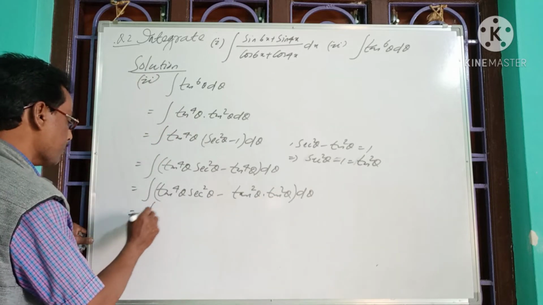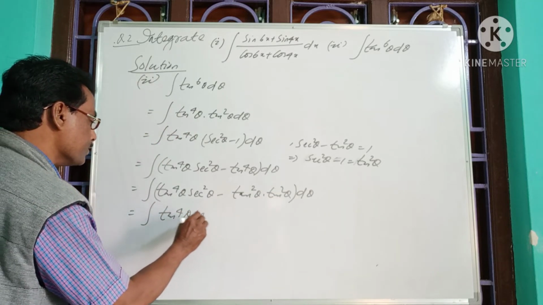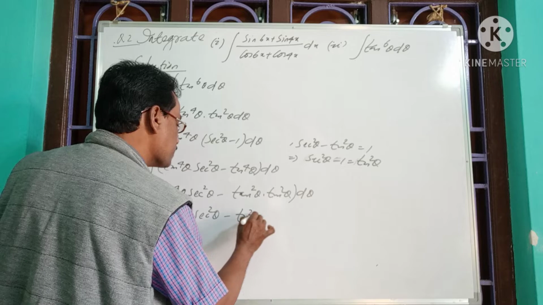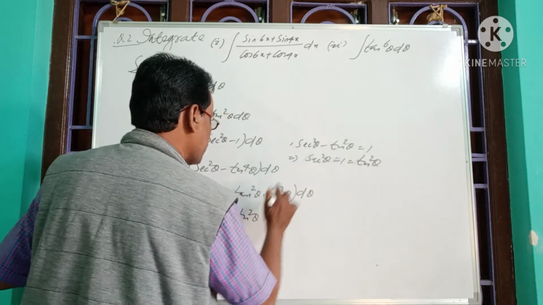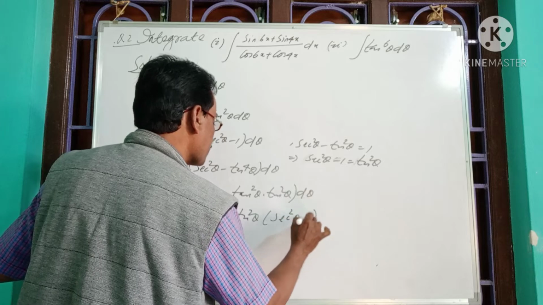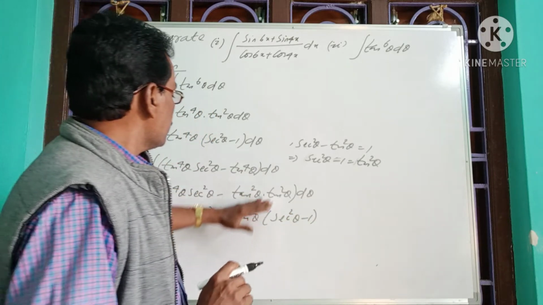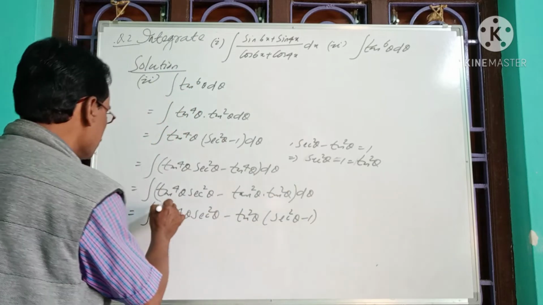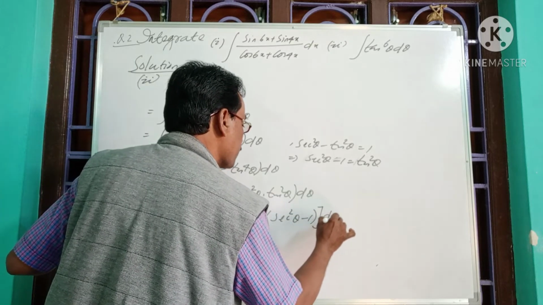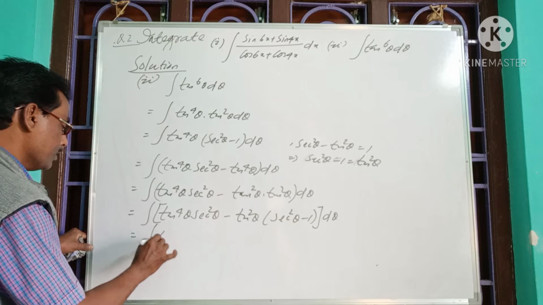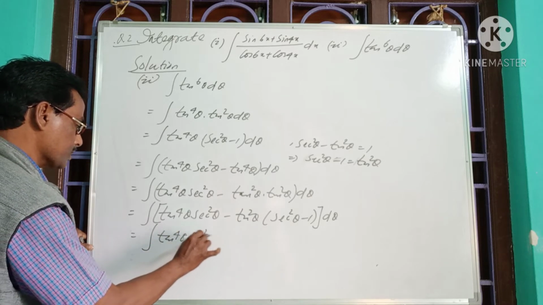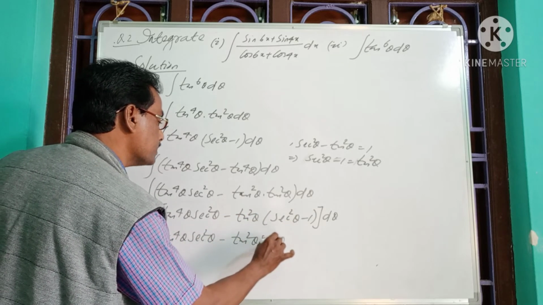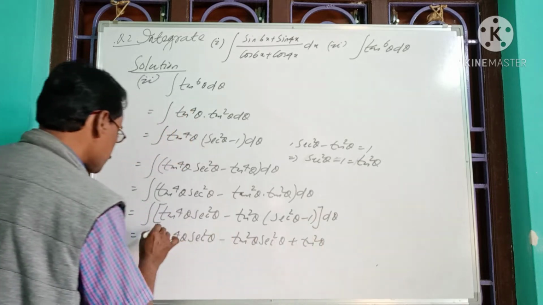Simplifying again, we keep one tan square theta constant and substitute the other tan square theta as sec square theta minus 1, so that it is easier for integration. Multiplying, we have tan to the power 4 theta into sec square theta minus tan square theta into sec square theta plus tan square theta.